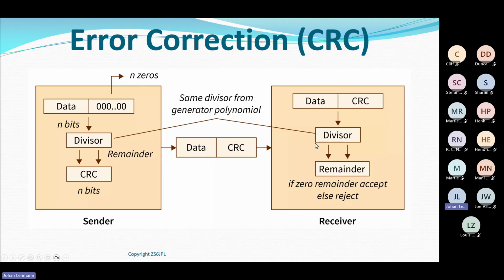My receiver would pick it up, and it would split the data and the checksum, the CRC, from the data, and put the data through the divisor, and the answer should be 0 if everything was correct. Let's take an example. If there was 50 zeros on this side, and I received 50 zeros on this side, my result would be 0. So everything is fine. If my result is not 0, it means that my data got corrupted.